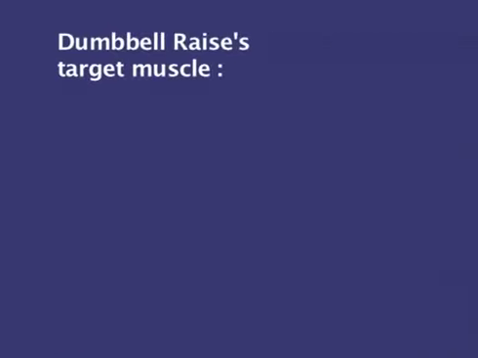When the dumbbells are raised, the wrist can be flexed and extended or kept neutral. The target muscle here is the lateral deltoid muscle. We are doing this exercise for strengthening the lateral deltoid muscles.